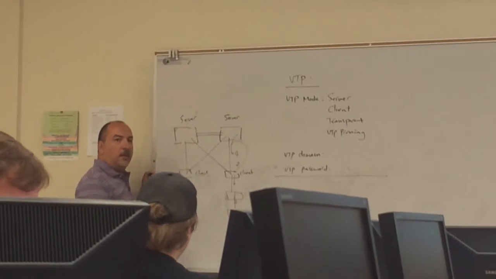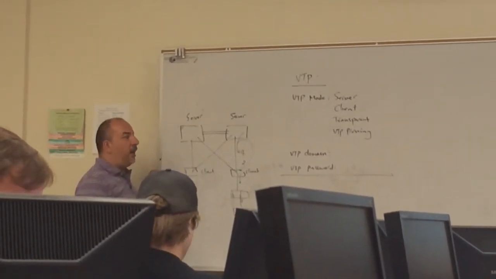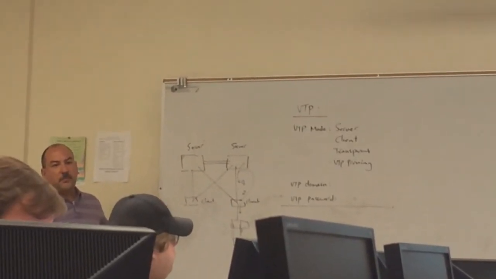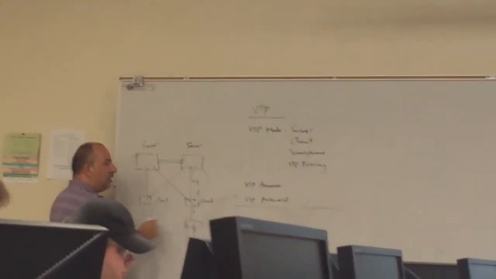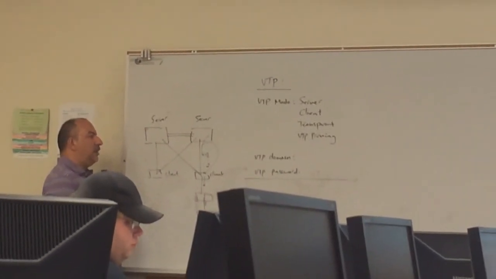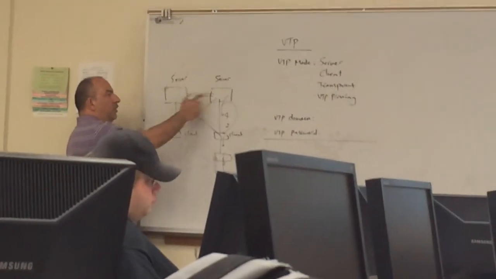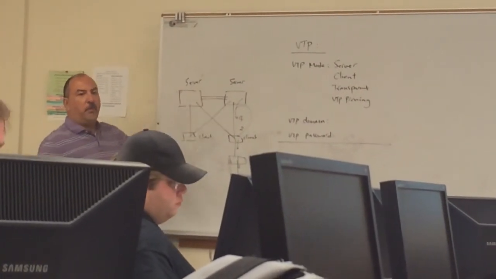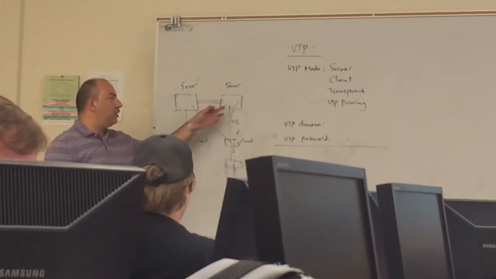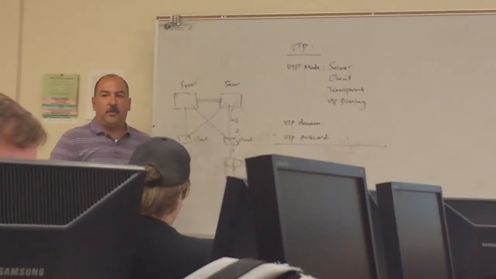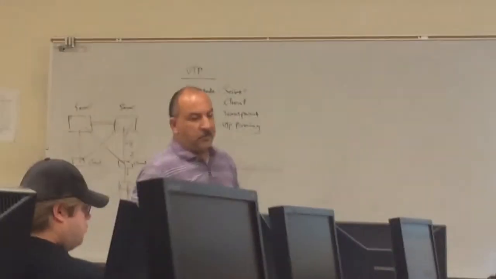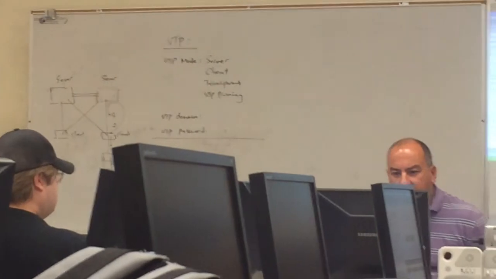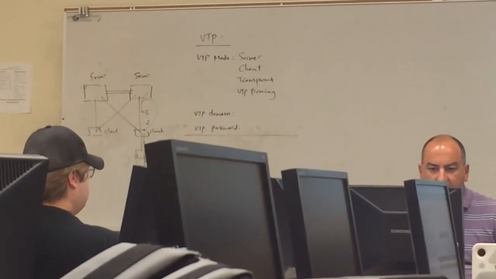Always the lower one will get updated with the higher revision number. And if, like I told you, you don't see it updated, you could go to the server side and just create a VLAN temporarily and remove it, and that will increment the counter and should push everything to the other switches. Now, let's see if there is a way. There was a way to reset the VTP counter.